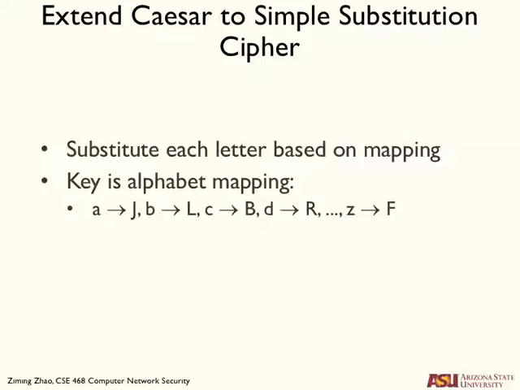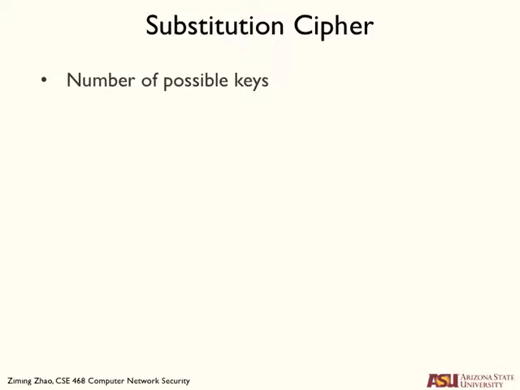For example, A can be replaced by J, B can be replaced by L. So the distance between A and J and the distance between B and L are actually different. So this is not Caesar cipher. However, we're going to show they are still subject to attacks. So in this substitution cipher, how many keys are available? How do we calculate that?